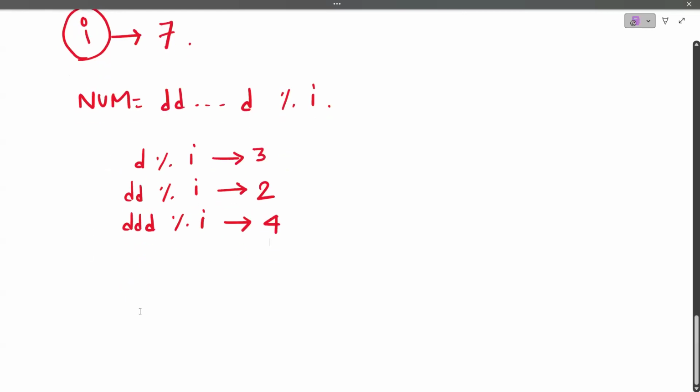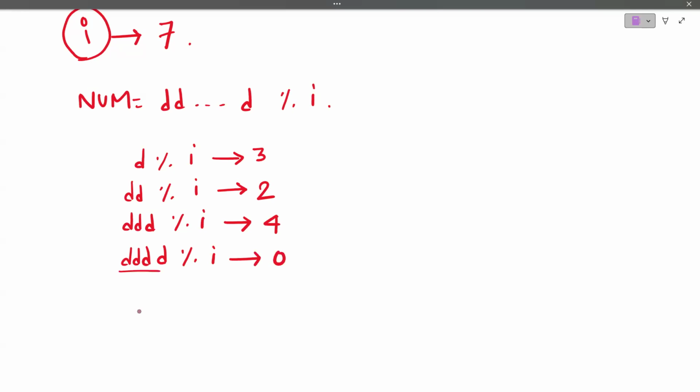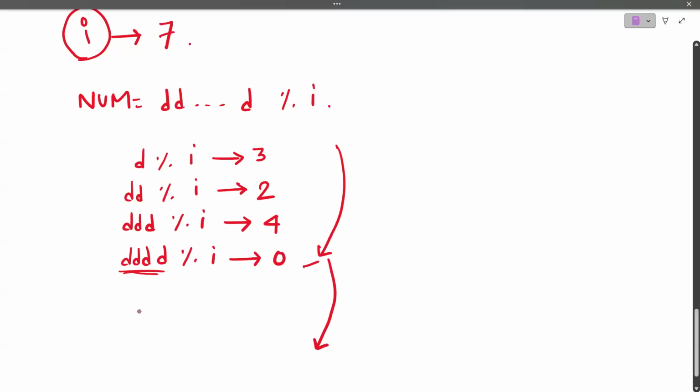Now suppose there are a few things which can happen. Suppose dddd modulo I is 0. That means 4 times d modulo I is 0. So what does that mean? That means that at every multiple of 4, basically, this number becomes divisible by I.